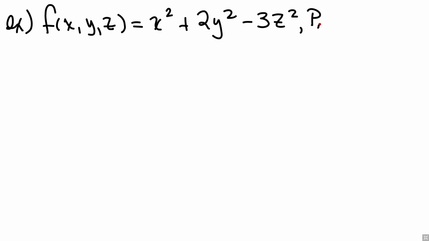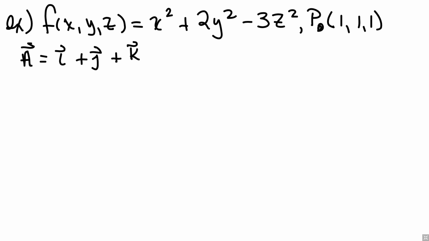We are told that the point is defined as 1, 1, 1, and the given vector a is defined as 1 in the i direction plus 1 in the j direction plus 1 in the k direction.